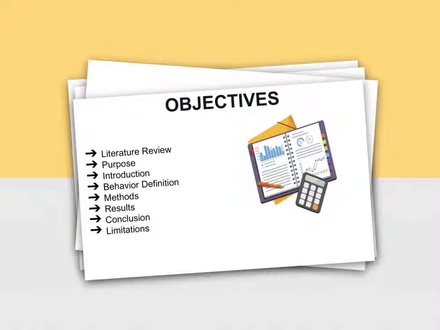The first objective is literature review, then purpose, introduction, behavior definition, methods, results, conclusion, limitation. Now we are going to look at the literature review and see what research supports our SAFMEDs.